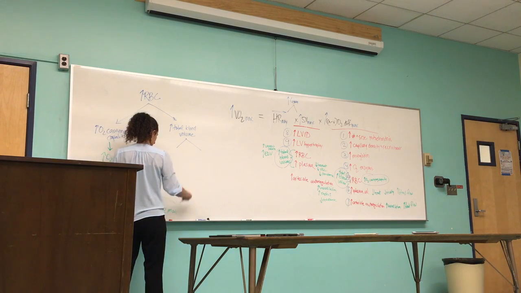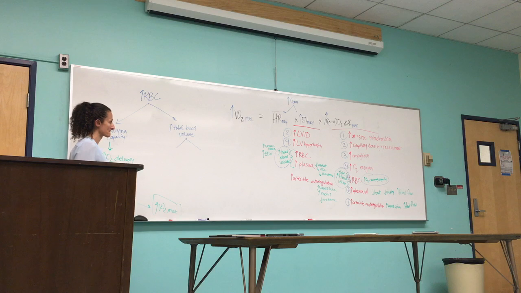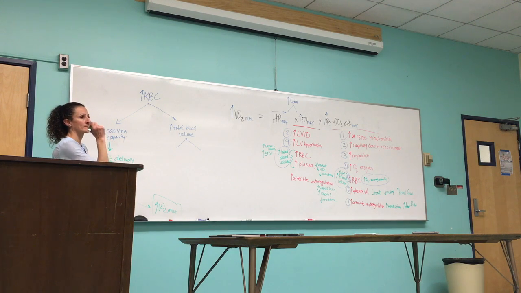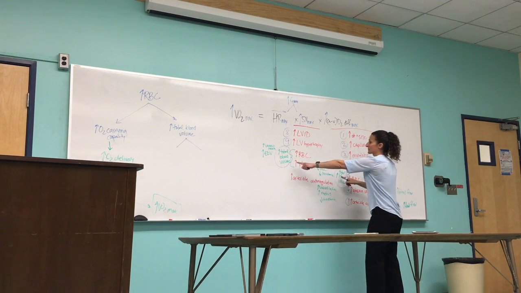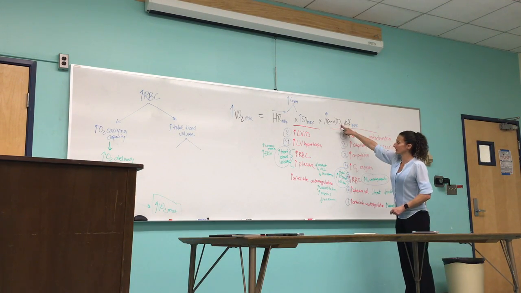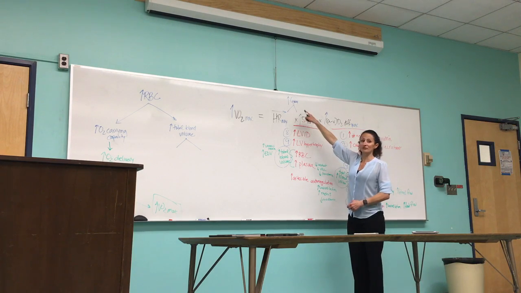What are these going to be? Well, we know that these are the two different total blood volume pathways, right? One is going to lead us to AVO2 difference, and one is going to lead us to stroke volume.